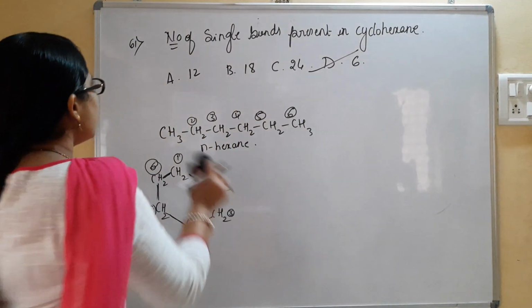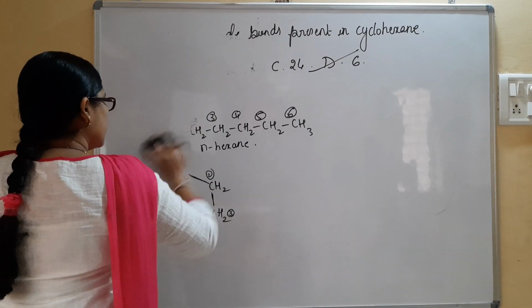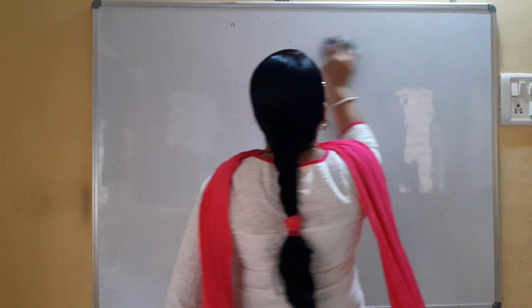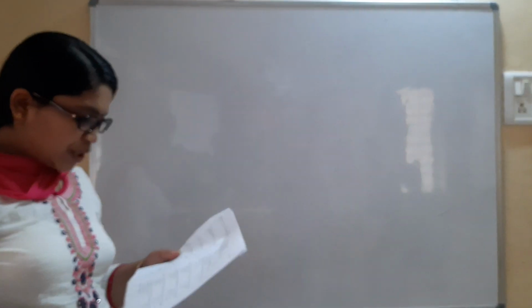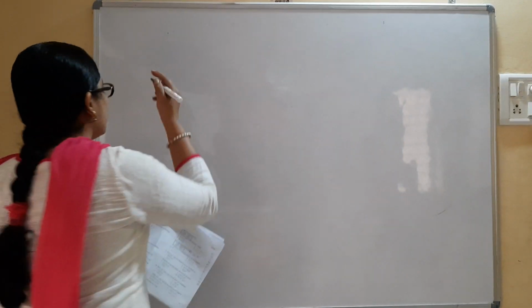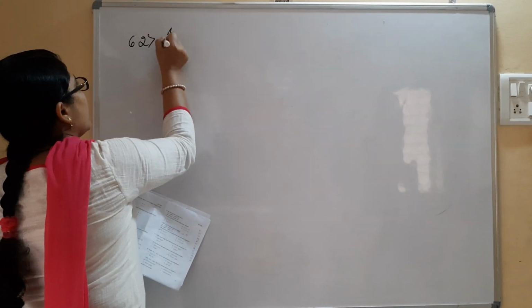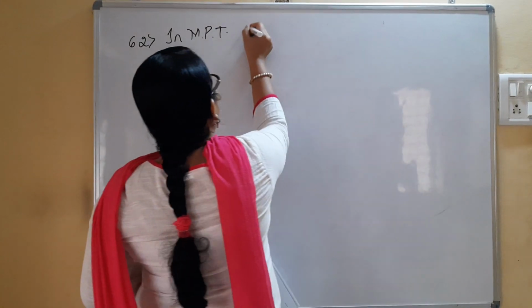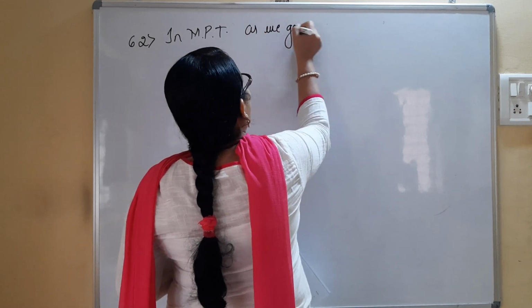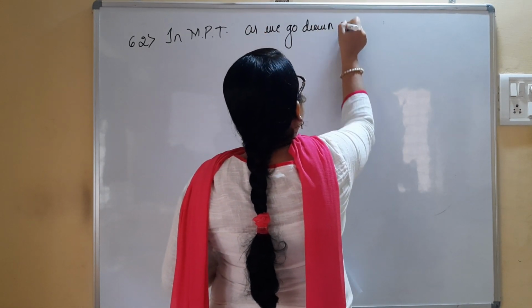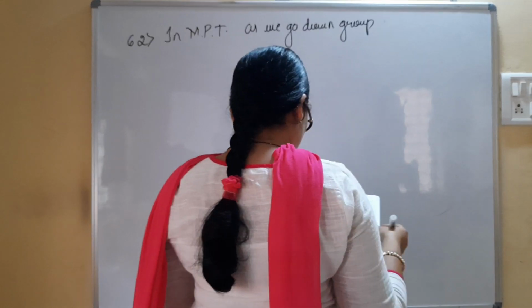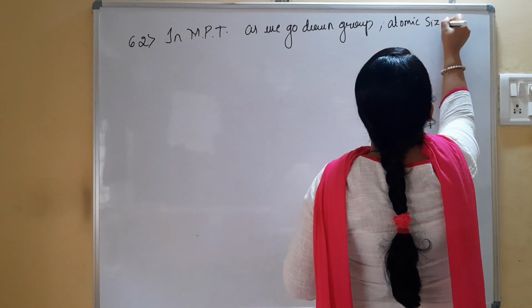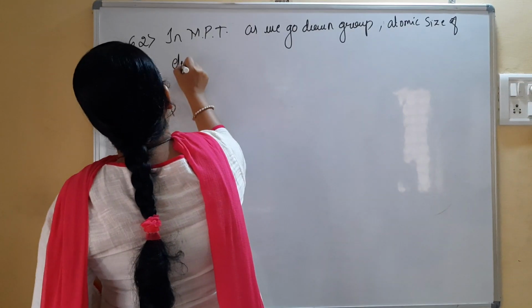So coming to the next question, 62. In the modern periodic table, as we go down the group, how does the atomic size of the elements change?